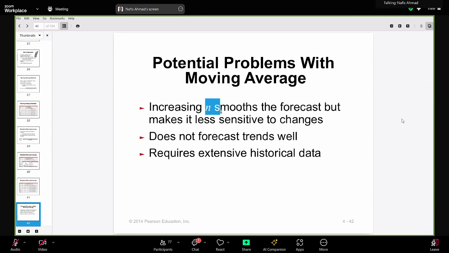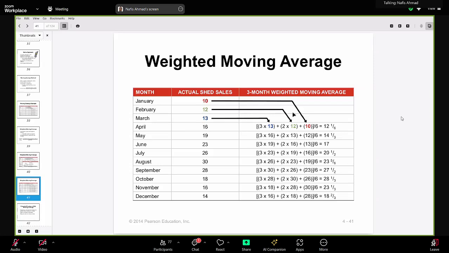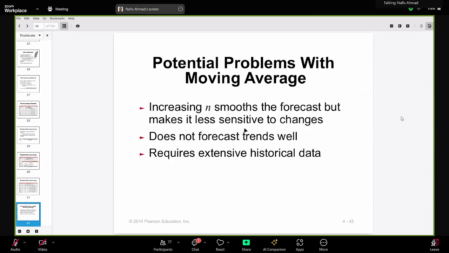Increasing the number smoothens the forecast, but makes it less sensitive to changes. So if we increase the number, say a 3-month moving average, what will happen? It will flatten the numbers. If there is a trend, it will not be available in the result.